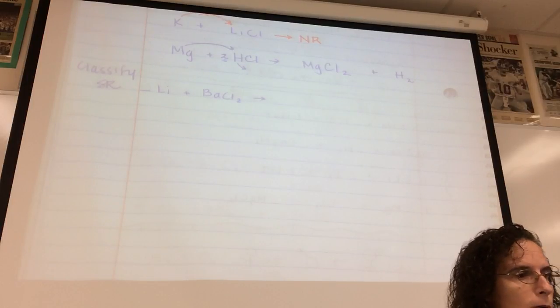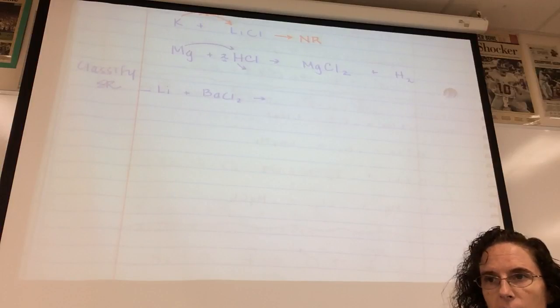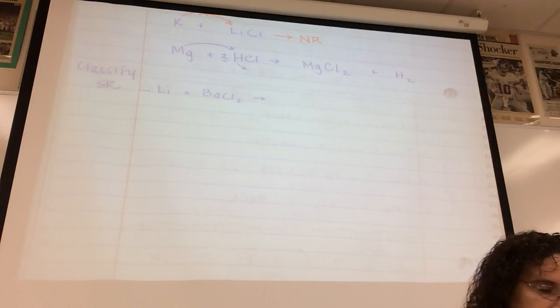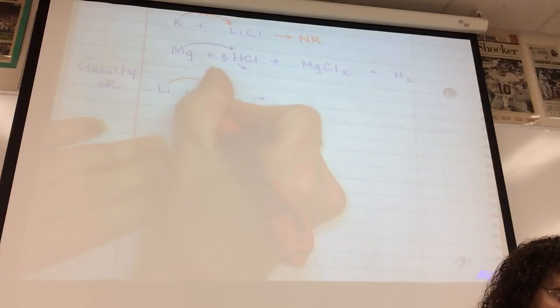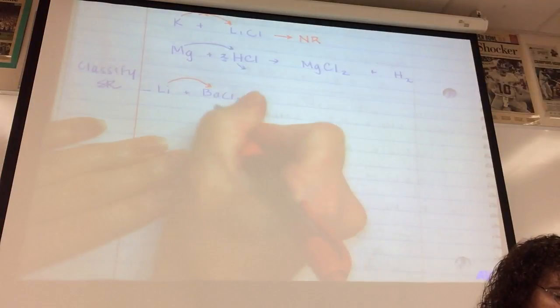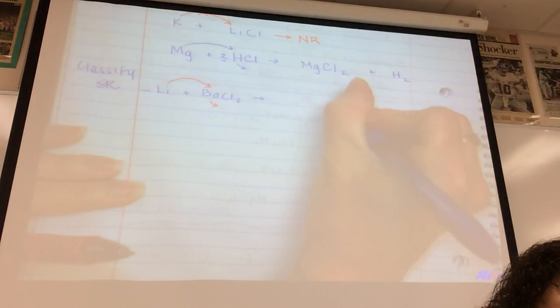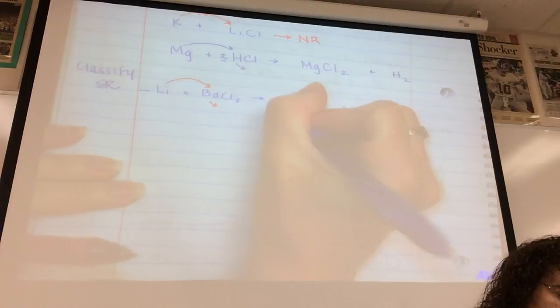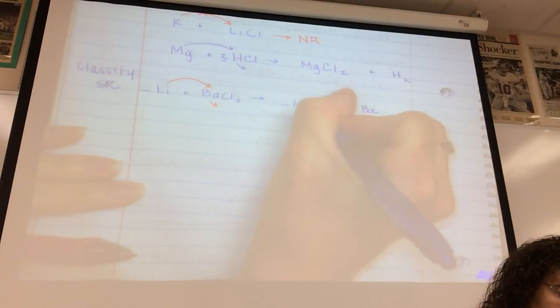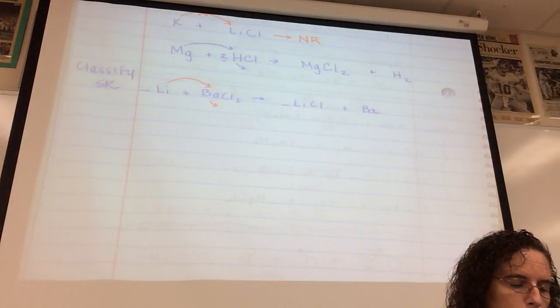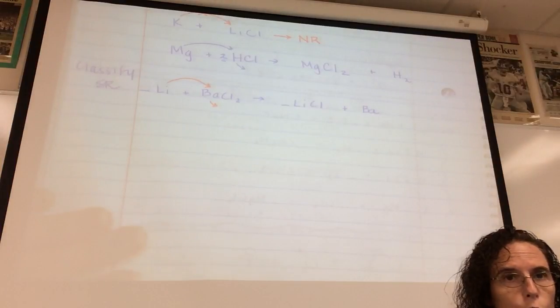Is lithium above barium on the activity series? Yes, it is. So lithium bumps out barium. Barium goes out on its own. And we generate lithium chloride that is properly formula written.